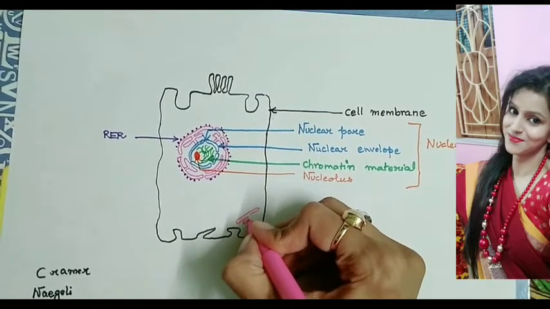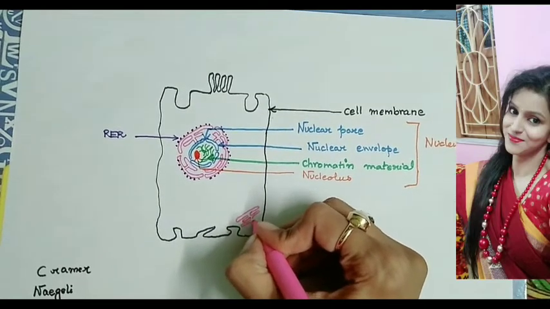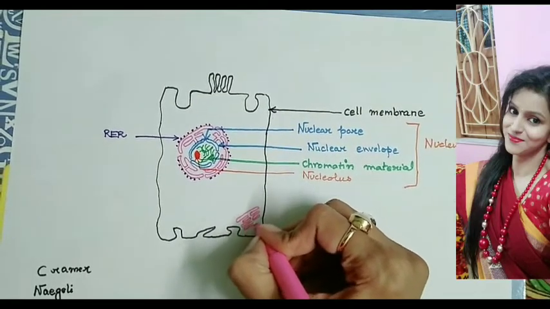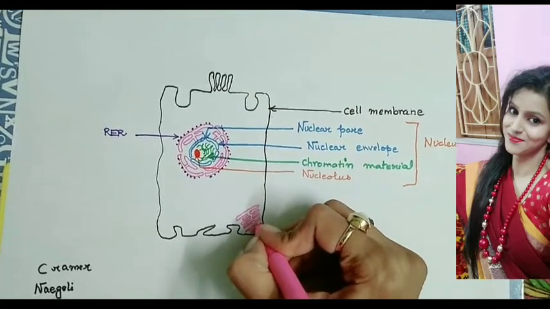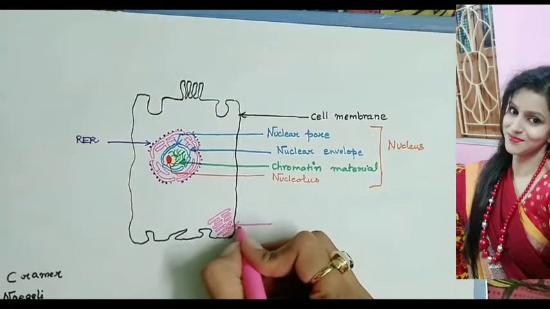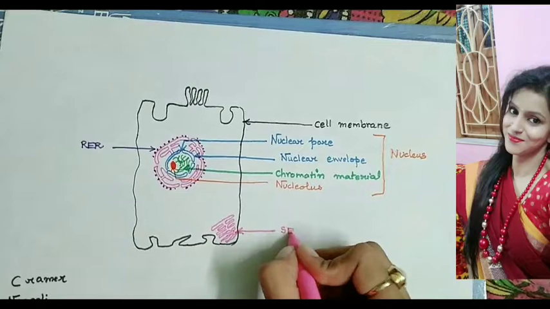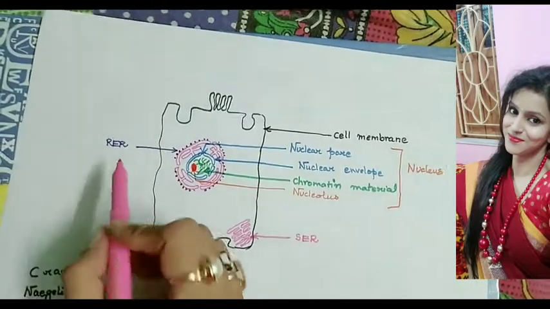Now here I am drawing the endoplasmic reticulum which is devoid of these ribosomes, and whenever the endoplasmic reticulum is devoid of ribosomes, then that is known as smooth endoplasmic reticulum. I am writing in short, that is SER, but actually it means smooth endoplasmic reticulum.